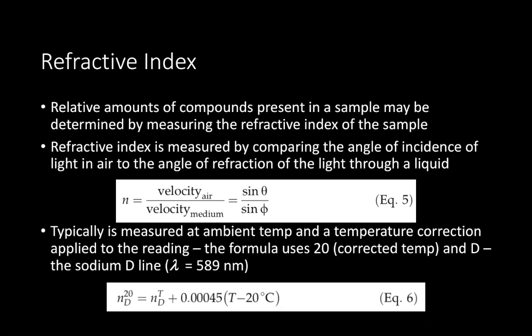Now, we don't keep our rooms at 20 degrees Celsius, so the rest of that equation is showing how to adjust your refractive index measurement for the temperature of the room where you're measuring this.